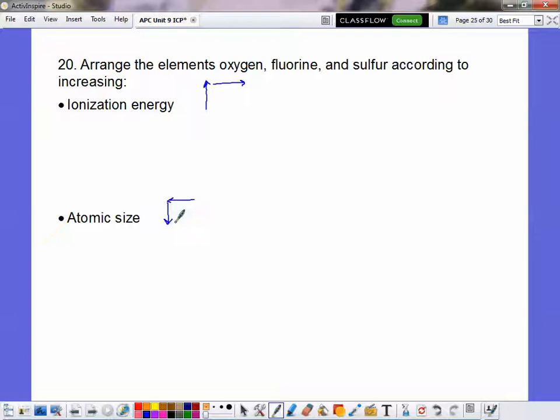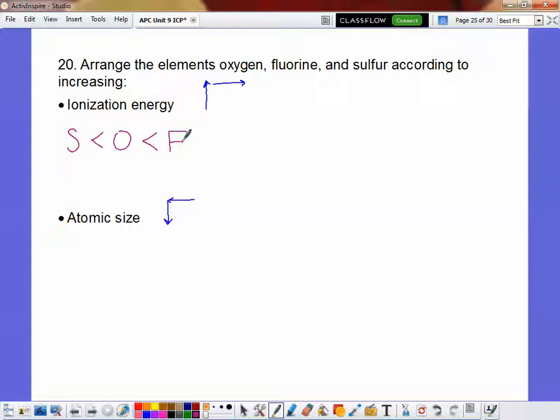So, ionization energy. We're going increasing ionization energy, so which one's going to be the lowest? Sulfur, good. Then oxygen, then fluorine.